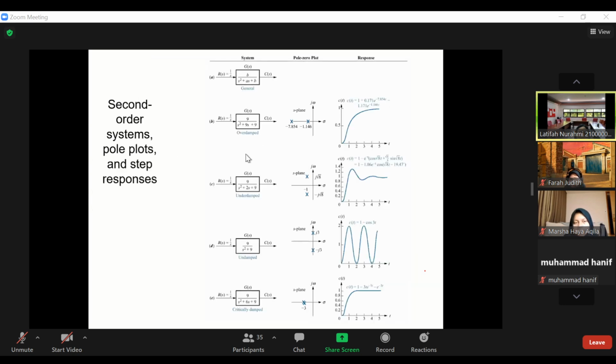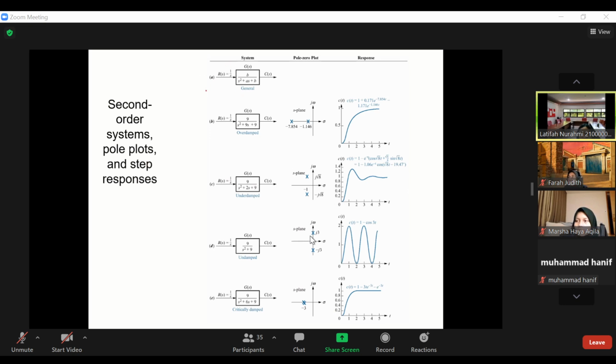Here is the example with some values, so it will be clear for you. So five, how many systems? Four systems. Then you have been given this transfer function at the top.